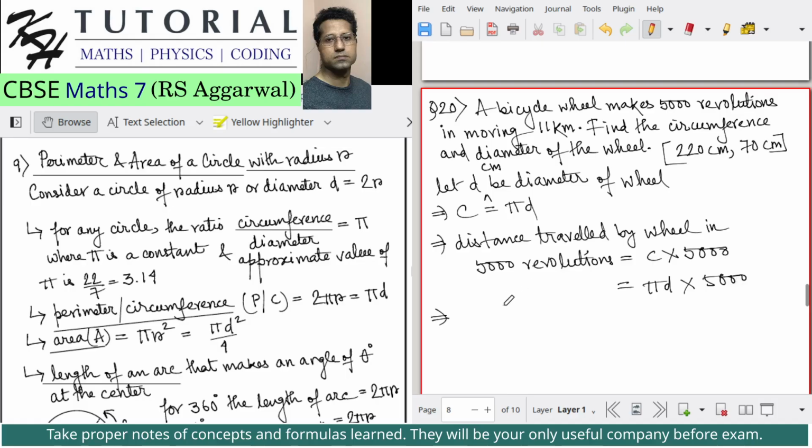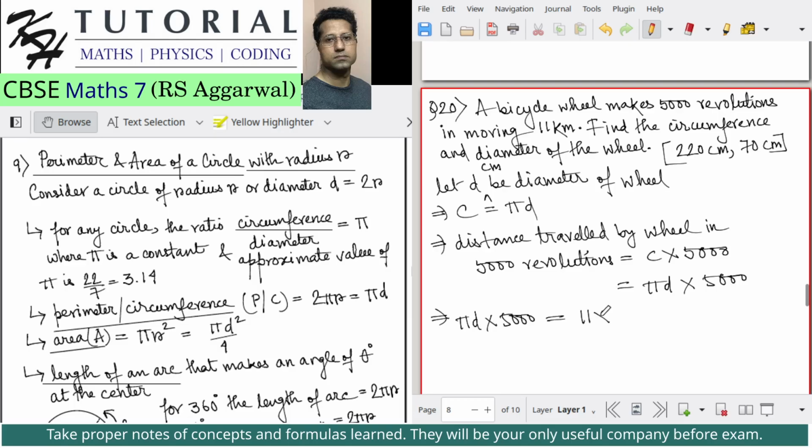Okay, so based on the assumption that d is the diameter of the wheel, we know that the circumference of the wheel will be pi d, and in 5000 revolutions it will cover a distance of pi d multiplied by 5000 centimeter, which is given to be 11 kilometer. So we must have pi d multiplied by 5000 should be equal to 11 kilometer.